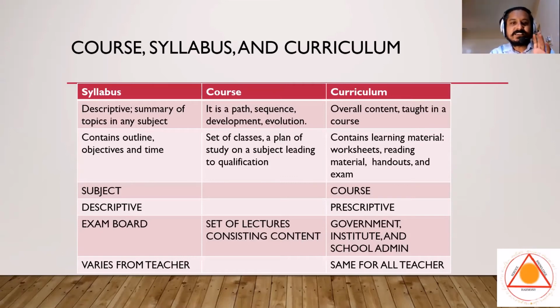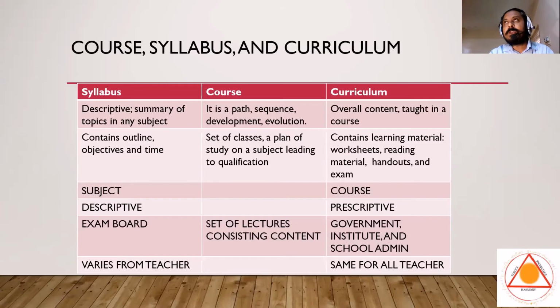Syllabus is a descriptive summary of topics in any subject. So, for example, you are studying English language and literature course at LSAS. So it has a syllabus, and the syllabus is divided into different topics that you are going to cover.